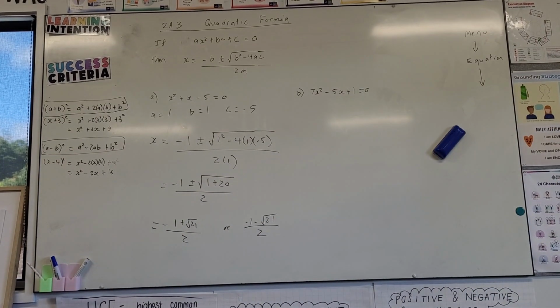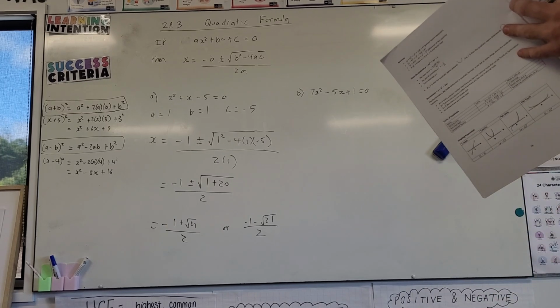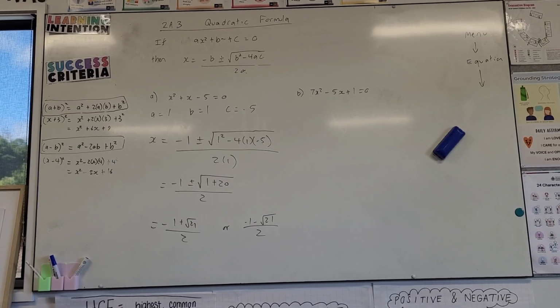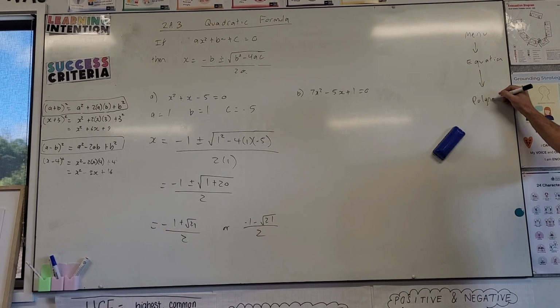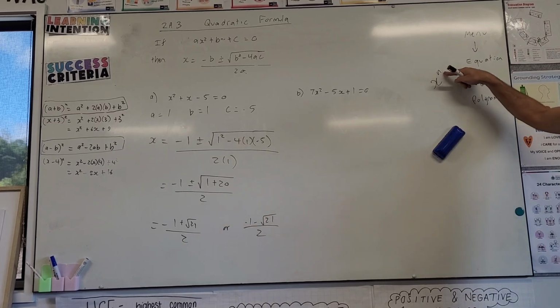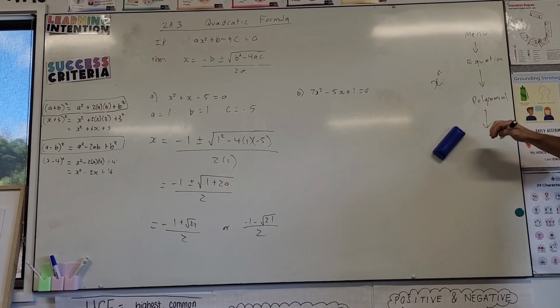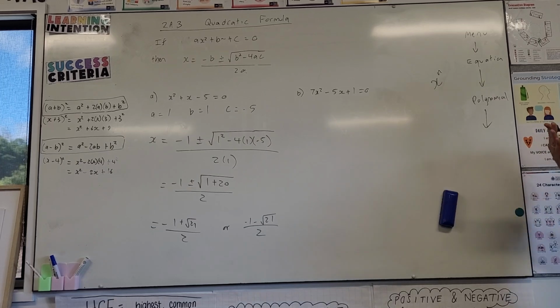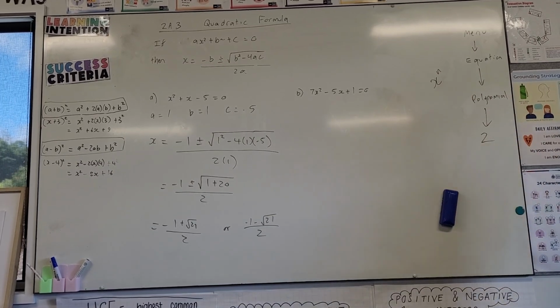Polynomials. Here's a big hint for you. The name of the unit that we're doing is polynomials. A quadratic is a type of polynomial. And a polynomial just means a function that is x to the power of n, where n is some number. And the degree of our polynomial is 2. The highest power we have is 2. So we're going to type that in.